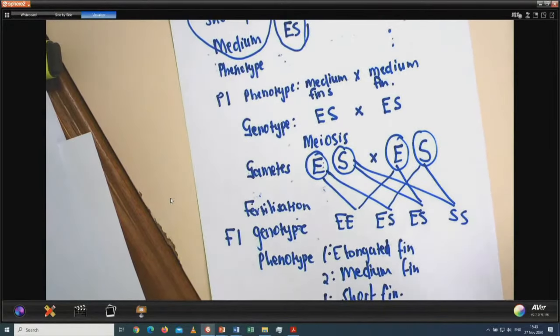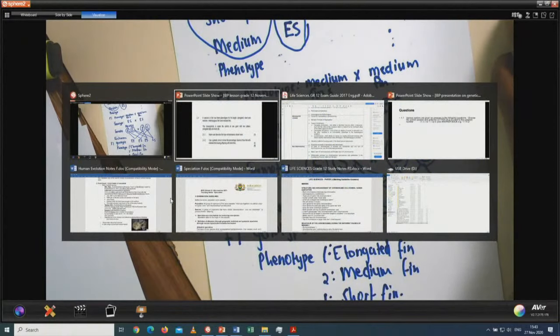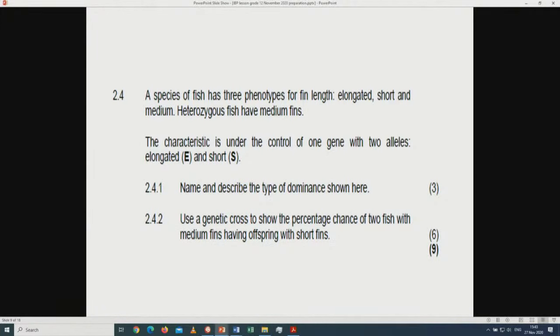Now if you go back to our question, we use a genetic cross to show the percentage chance. It needs to be in percentages, so it will be a 25% chance of having a short fin when two medium fin fishes are crossed.